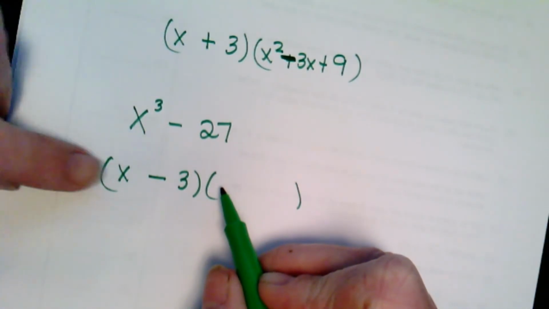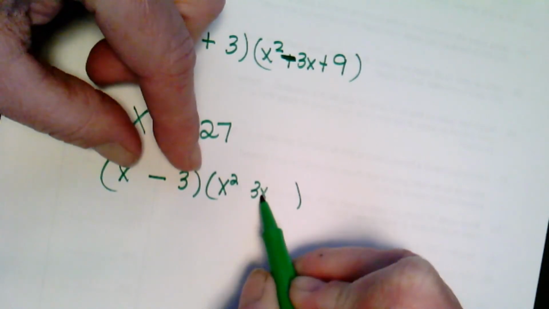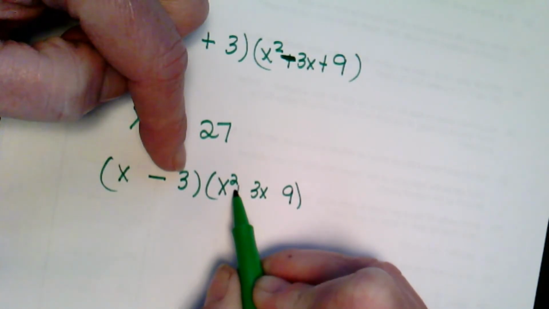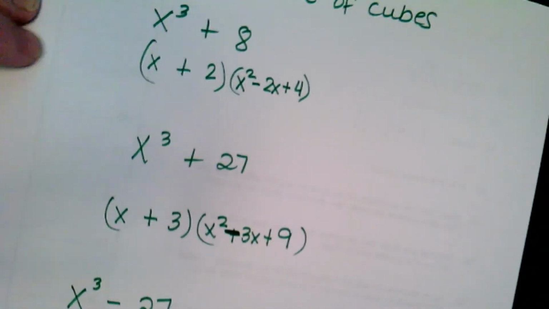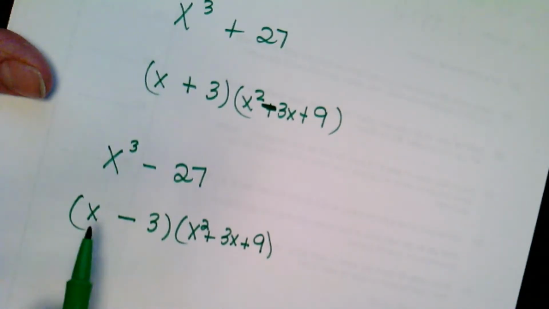And then we do the same thing as we did before. Square our first term, multiply our 2 terms, square the last term. And then this time we have pluses in the middle. So really that is the only difference between the two. Here we have a plus, minus, plus. Here we have a minus, plus, plus.